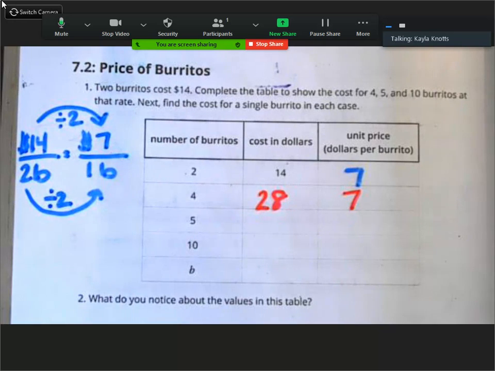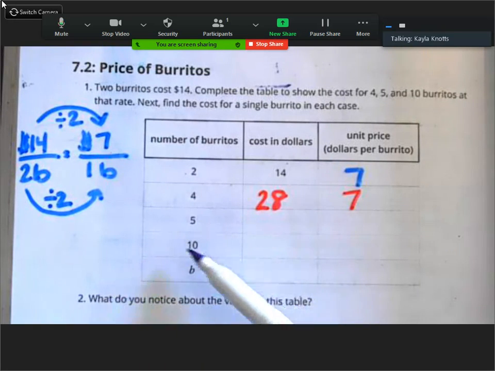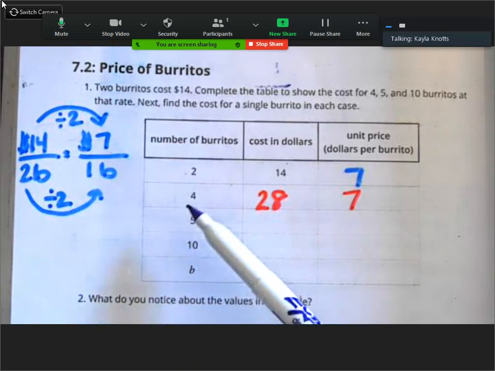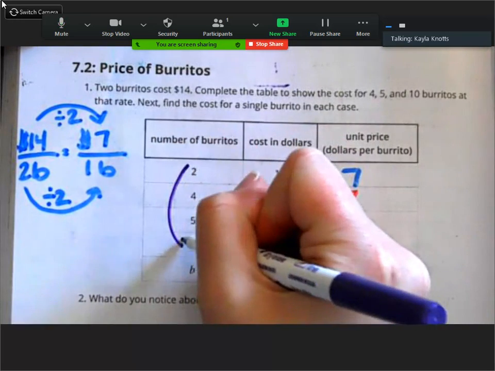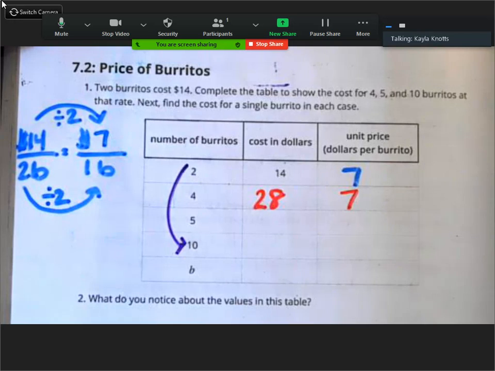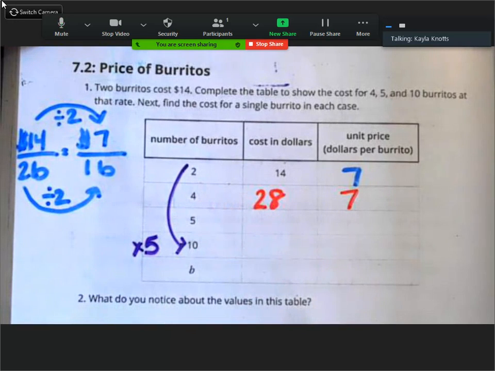Okay, so now we're going to go for 5 burritos. But I really can't go from 2 or 4 to 5, so I'm going to go to 10 first. And so I have to think, what am I going to do to 2 to get to 10? I know my number's getting bigger, so I'm going to multiply. I would multiply 2 by 5 to get to 10.